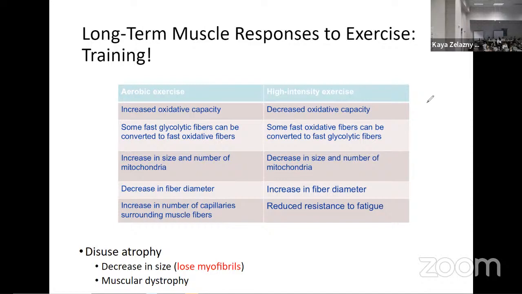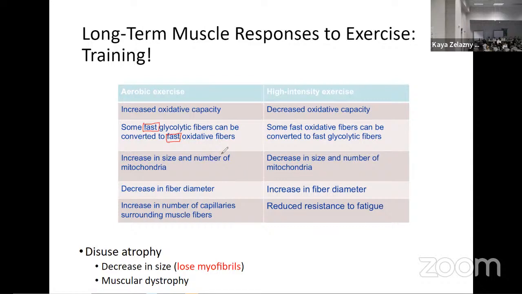There's only so much you can do, but one neat trick: you can't convert slow oxidative to fast glycolytic, but our two types of muscle fiber that start with fast, that fast is about the myosin type, essentially. And you kind of got the myosin type you got in a muscle fiber.